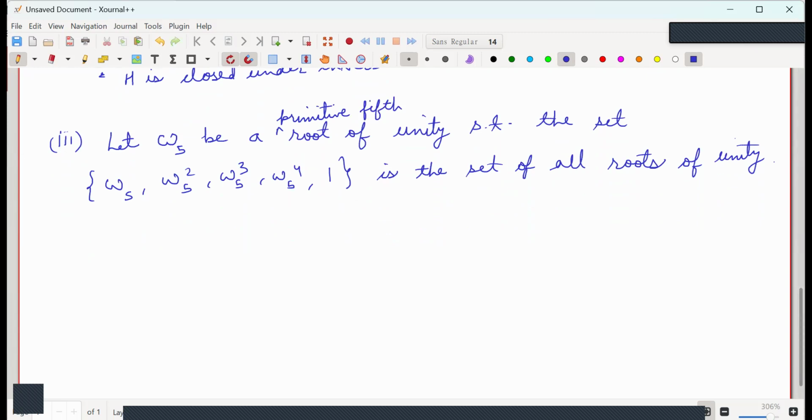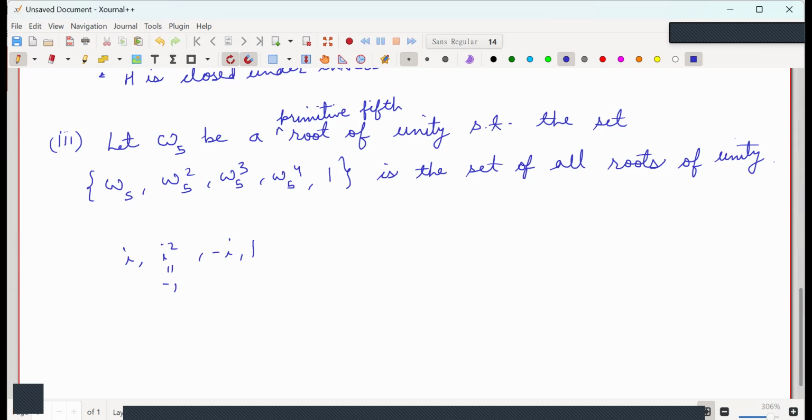So what is the primitive fourth root of unity? It's iota, because iota square is -1. So if I am talking about the primitive fourth root of unity, it will be the complex number iota, because iota square is -1, iota cube is minus iota, and 1.